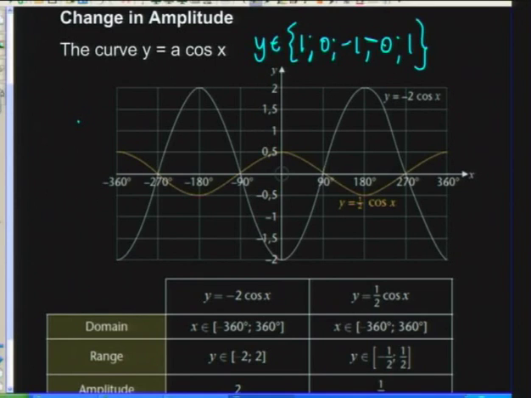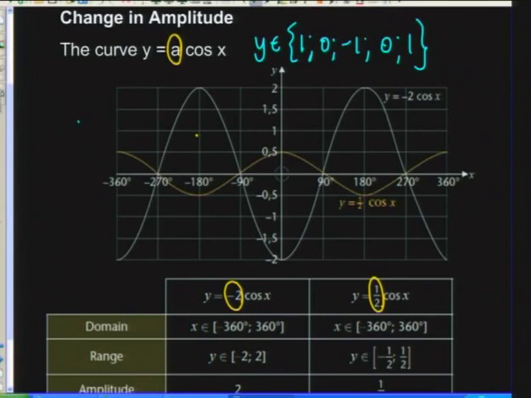And this is not meant to be a little negative here. That's a 0. So if we now have this a value that we're multiplying the cos by, you would take your critical values, or your quadrant values, and multiply them by a. In this case, we've multiplied by -2, and in this case, we've multiplied by half. So we've taken half of those values.